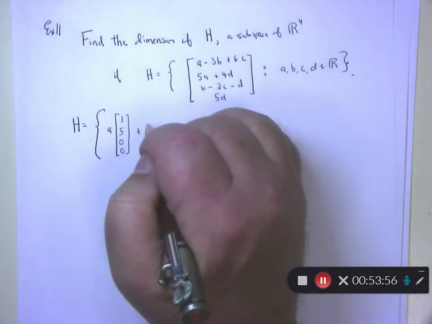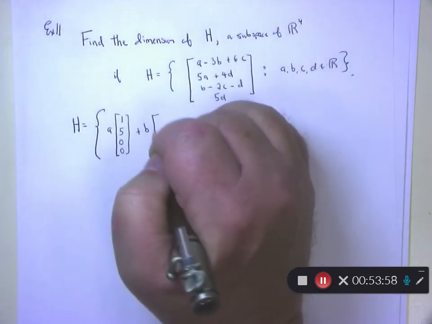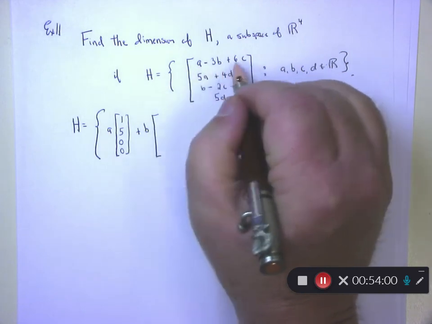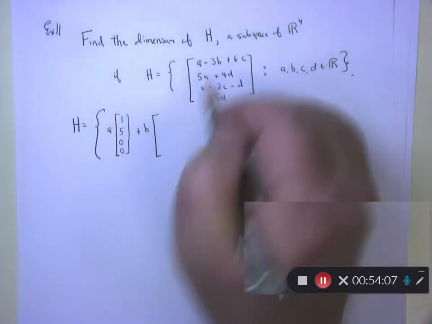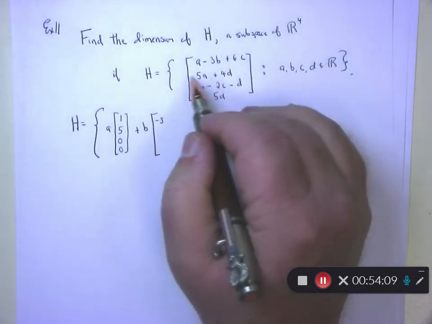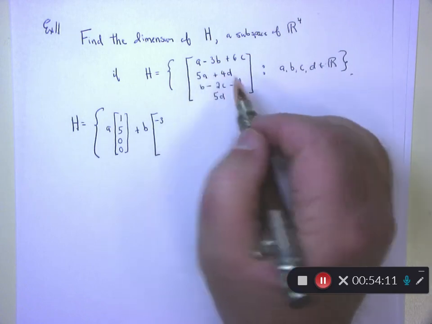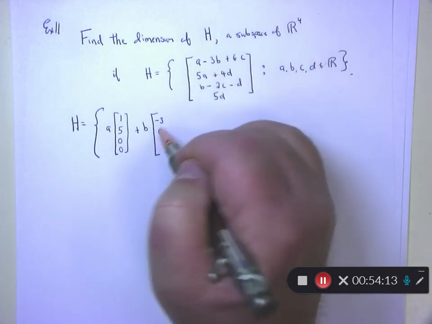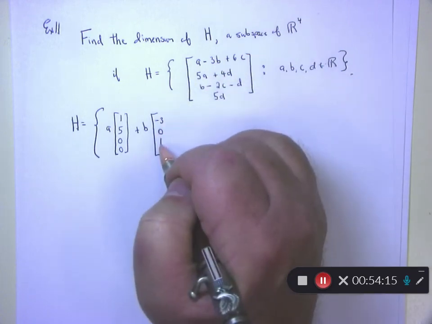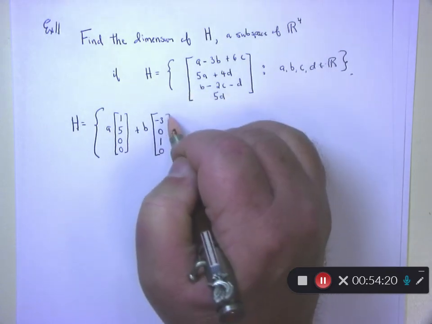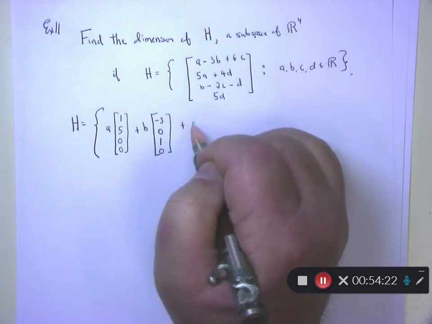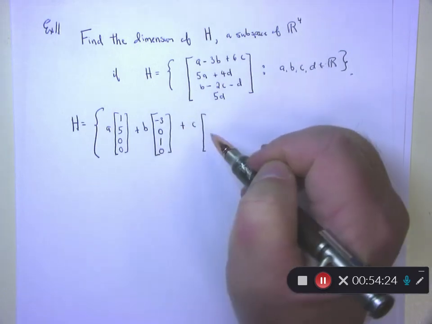Plus, now let's look at the next letter, which is b. From the first component of my vector that represents the set H, what is the coefficient in front of the b? -3. On the second component, what do we have? No b's. The third one, we have a coefficient of 1 in front of b, and the last one is a 0. Plus c. Now let's look at c's.